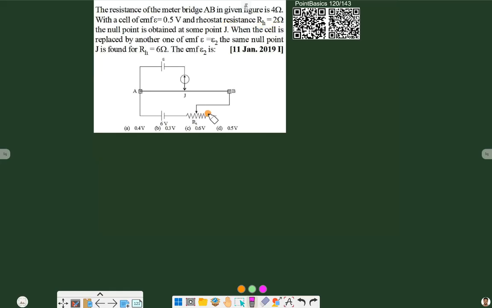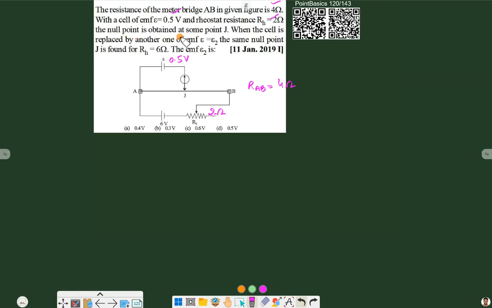So this resistance value is 2 ohm and EMF is 0.5 volt, and the meter bridge resistance, RAB, is 4 ohm. So this value is done, this is done, and this is done.